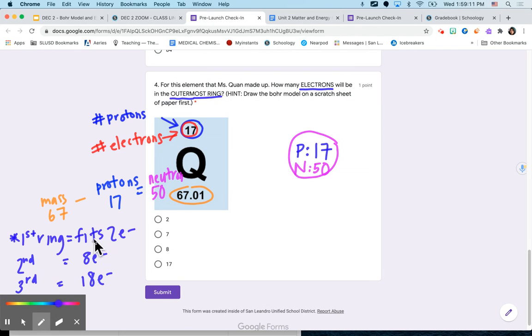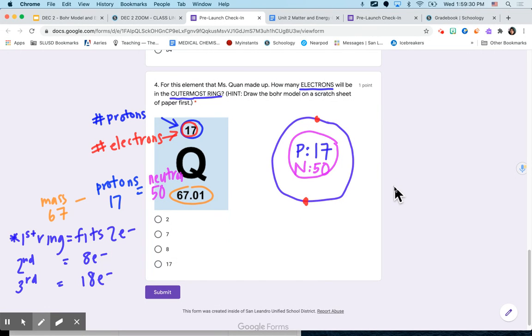But the tricky thing is that each ring only holds a certain number of electrons, right? So drawing this first ring, I can only fit 1, 2 electrons. So I know that there are 17 total that I need to draw, right?